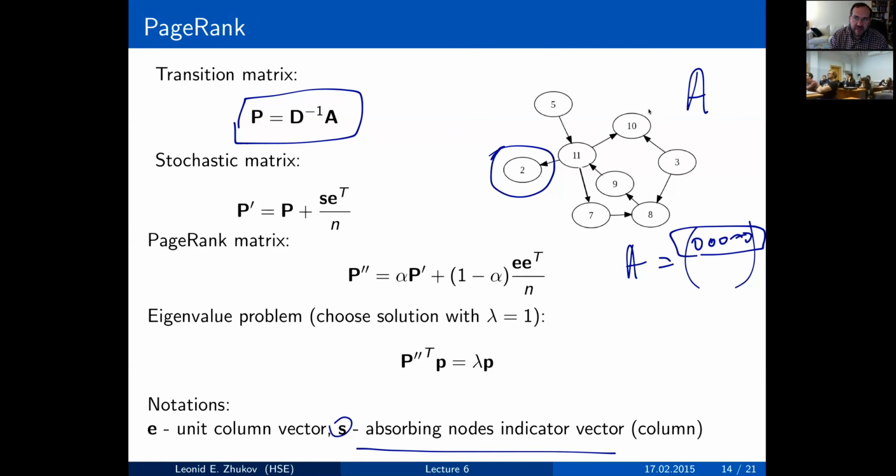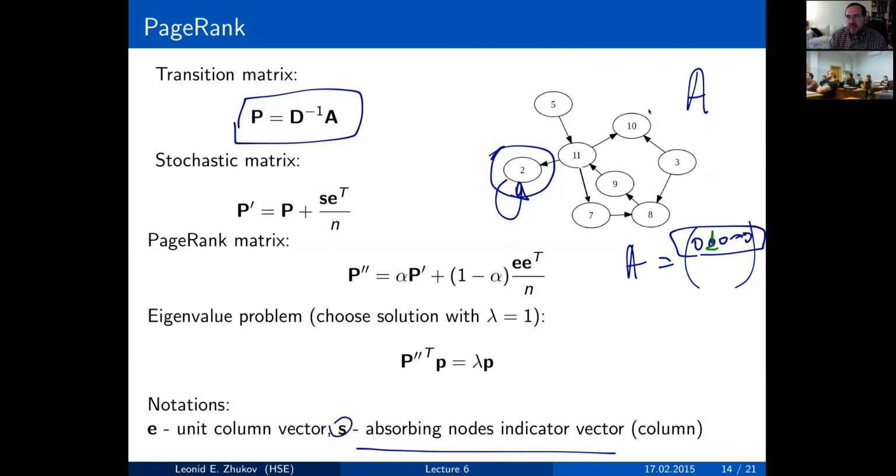Well, there are two ways to fix it. One way, a very simple way for this type of absorbing node, is to add a self loop, and adding a self loop puts 1 instead of 0 in the appropriate place on the diagonal. That's one way of fixing it.